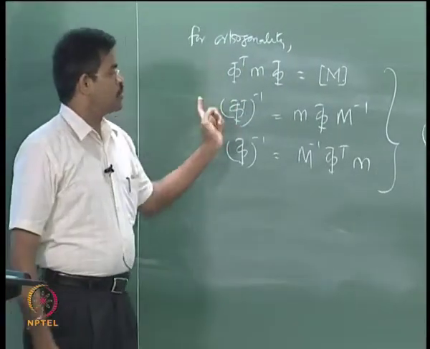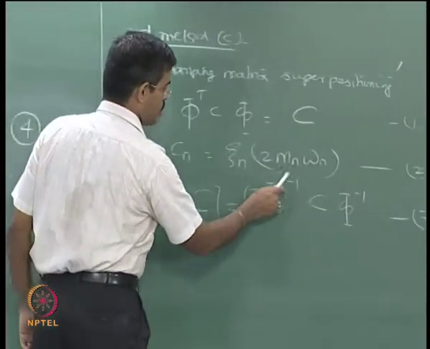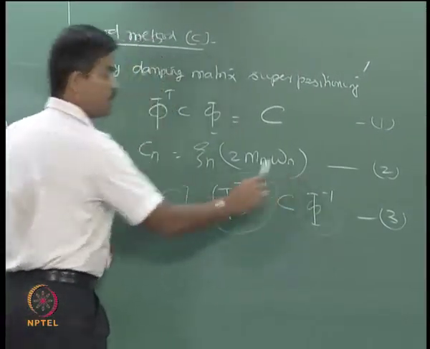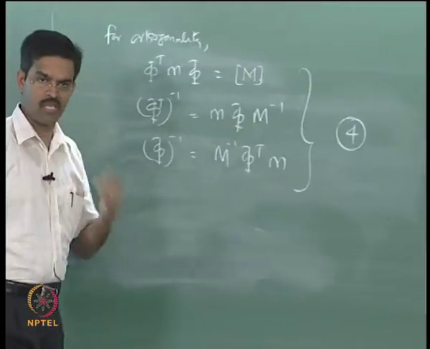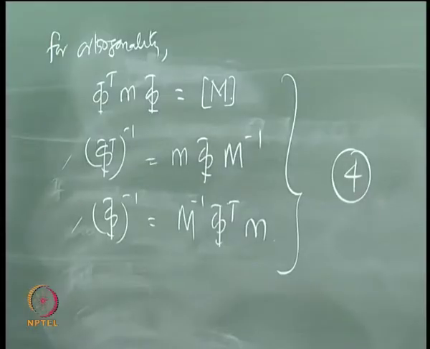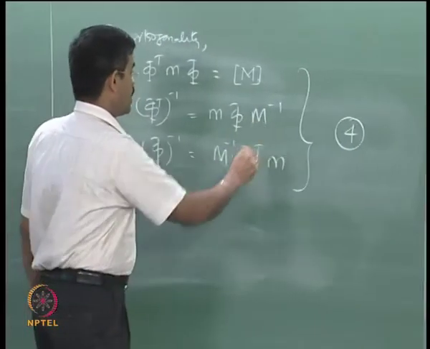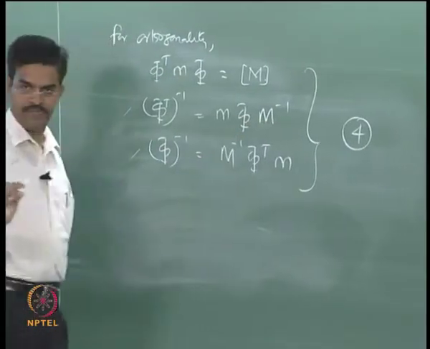I can pre multiply and post multiply, and I will get these two. So what I wanted in equation 3 is phi transpose inverse and phi inverse, which are the modal matrix for the given problem. You may wonder what the advantage is of doing it here compared to doing it directly. It is very simple here, because my mass matrix is diagonal.